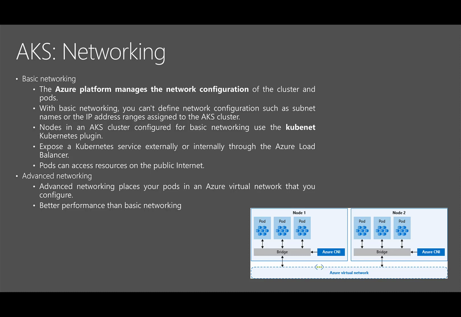And it has a really better performance than the basic networking does. And the other thing, I'll speak of this in another slide, is that when you deploy your cluster with advanced networking, then you can also deploy the Calico plugin, so you can deploy network policies on your cluster.